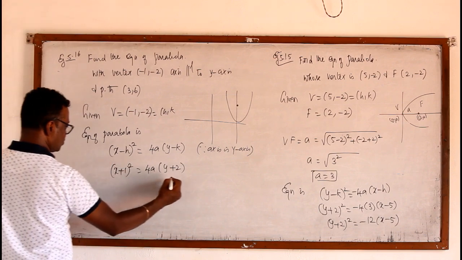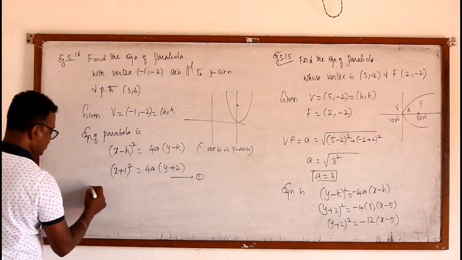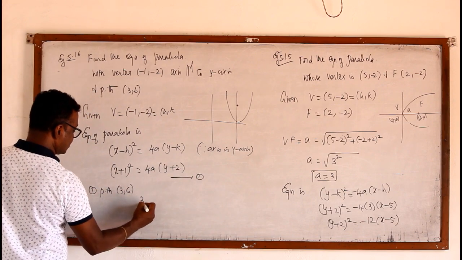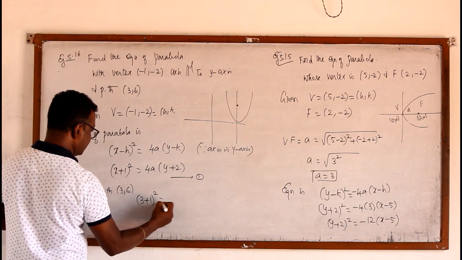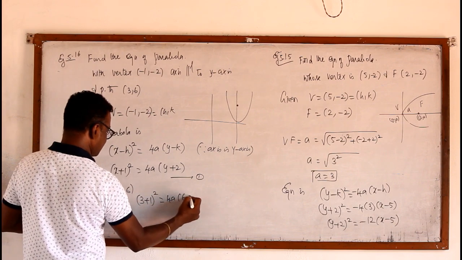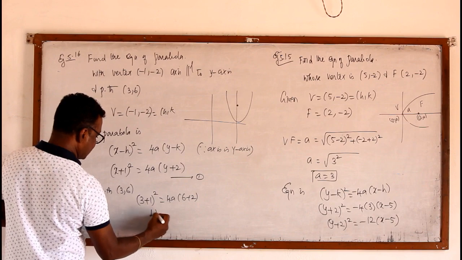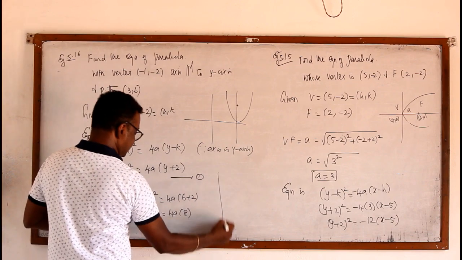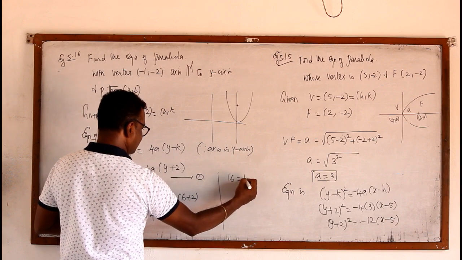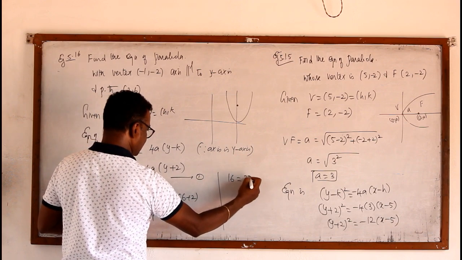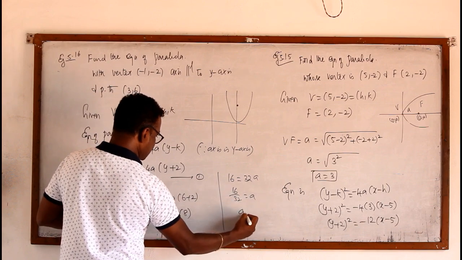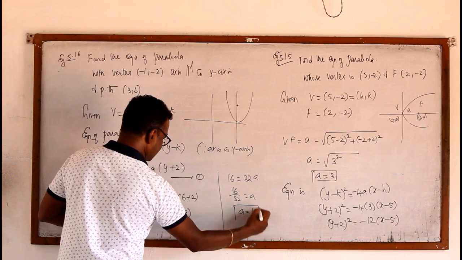So this passes through (3, 6). So (3 plus 1) the whole square equal to 4a into (6 plus 2). So 4 square equal to 4a into 8. That is 16 equal to 32a. 16 by 32 equal to a. So a is 1 by 2.